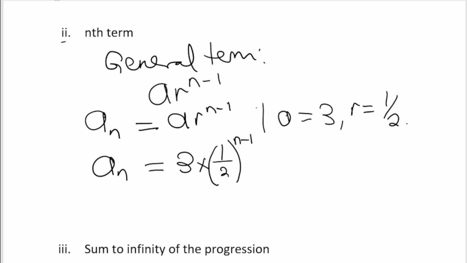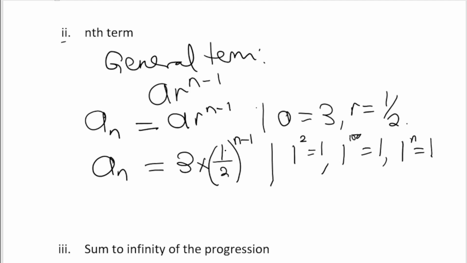Okay. Remember that n minus 1 is with this value. But here is a situation. When you raise 1 to the power 2, the answer is 1. If you raise 1 to the power 100, the answer will still be 1. Meaning that even if I raise 1 to the power n, the answer will still be 1. Okay?